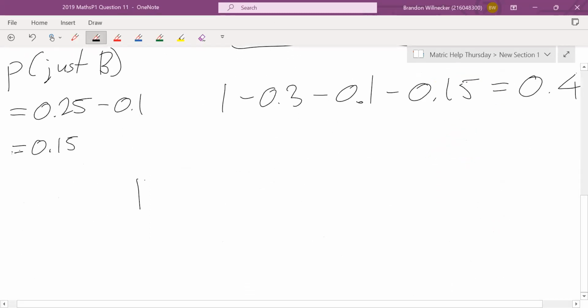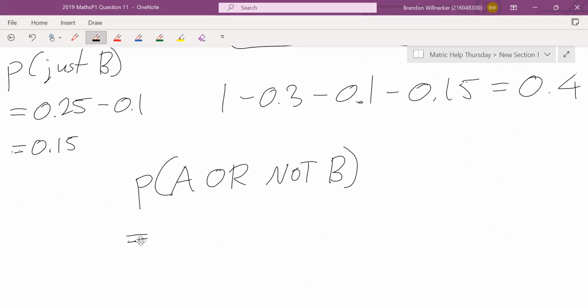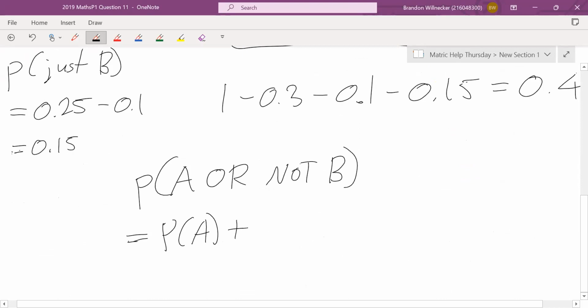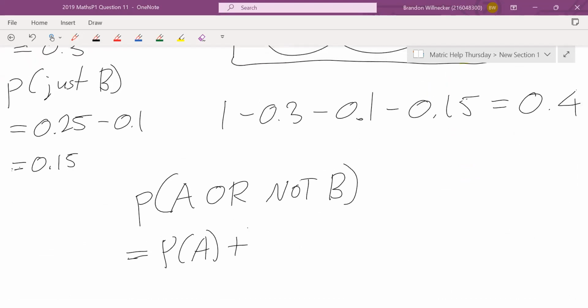So we want to find the probability of A or not B. Okay, so what does that actually mean? Let's break this up nicely. Remember, when you see an or, that means we split it into 2 parts with a plus. Or means plus. So that will be the probability of A plus, because we've used or, the probability of not B.